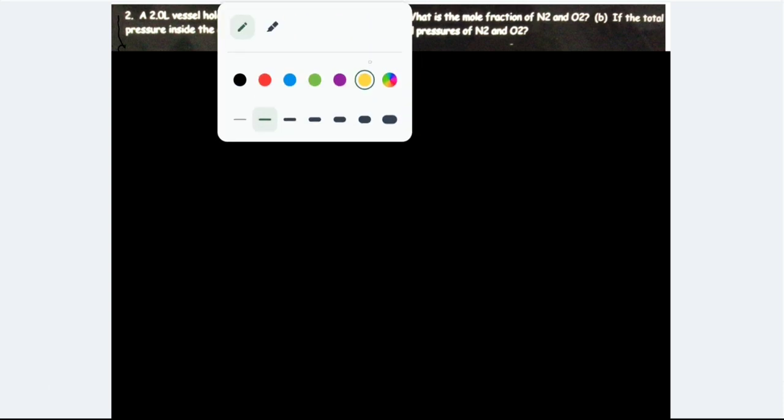Okay, a 2 liter vessel holds 3 moles of N2 and 2 moles of O2. So we're given the number of moles of N2, which is 3 moles, the number of moles of O2, which is 2 moles, and the volume, which is 2.0 liter.